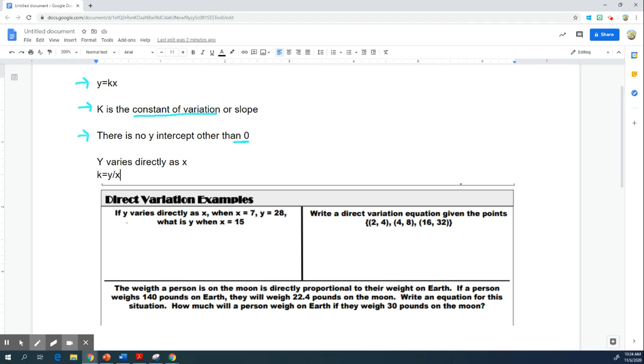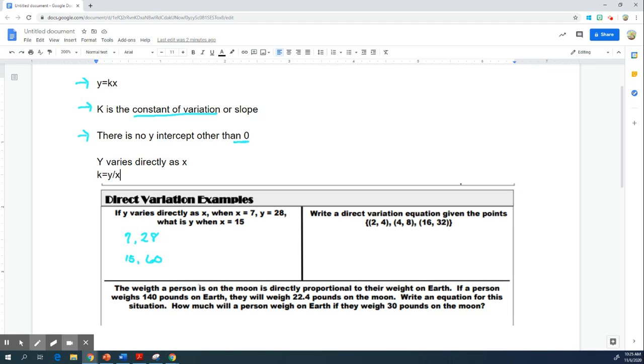You could also look at it, if you look down here with me, if y varies directly as x, when x is 7 and y is 28, think of it as an ordered pair here. What is y when x is 15? All right, 7 times what gives you 28? 4. 15 times 4 gives you 60.